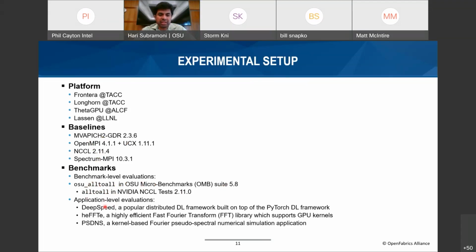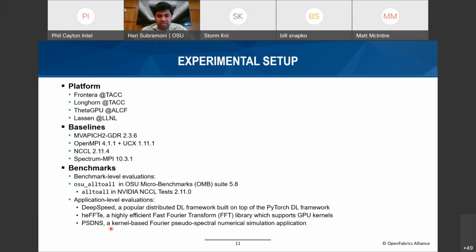For application level evaluations, we used multiple applications in the HPC as well as the deep learning domain. In the deep learning domain, we used DeepSpeed, a popular distributed deep learning framework built on top of PyTorch. We used heFFTe, an efficient fast Fourier transform library from Oak Ridge National Laboratory, which supports GPU kernels.